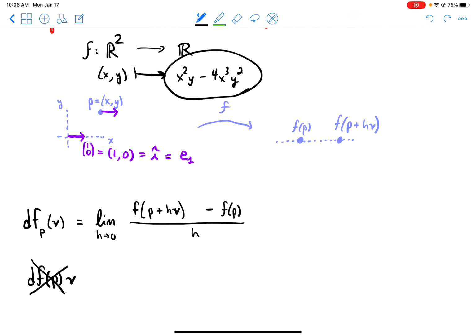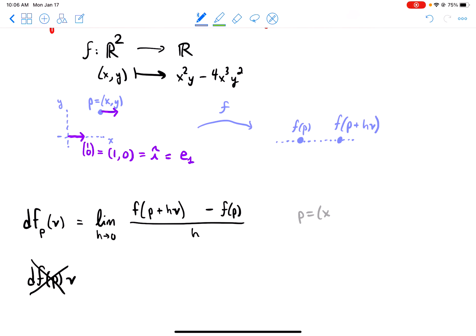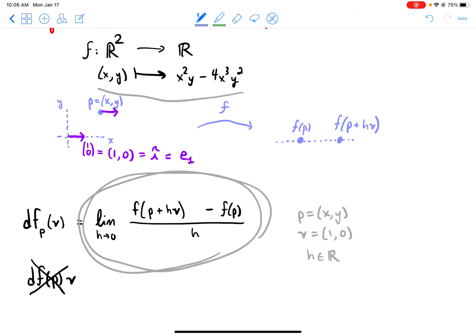We have our map f. And we know what p is. Remember, p is x comma y. v is 1 comma 0. h is a real number. And that's everything here. The map f is this formula. So let's apply this.